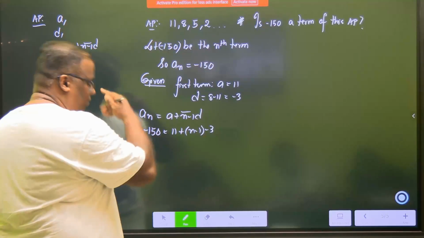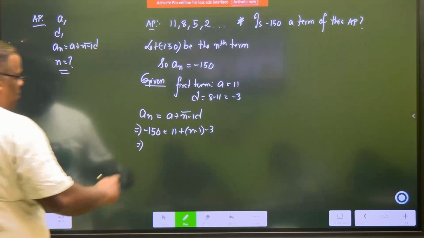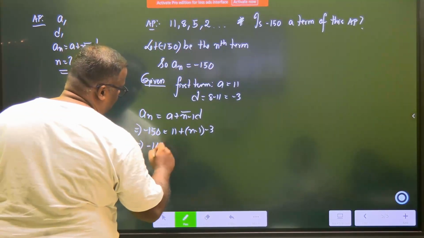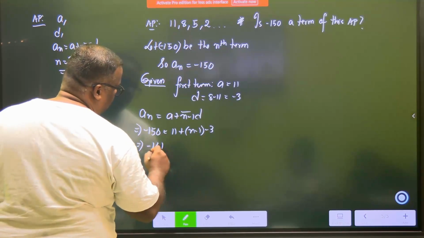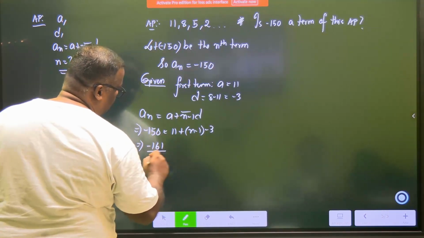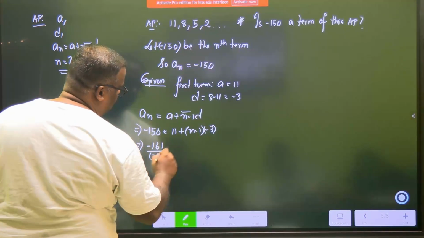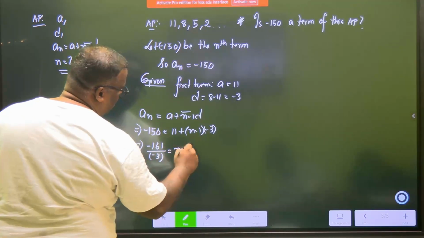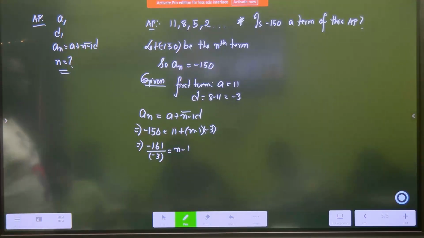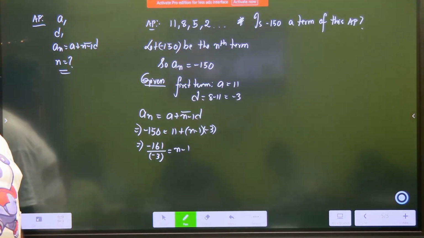So negative 150 and negative 11. Bring it this side, it becomes negative 161. 150, 160, 161 divided by negative 3 should be equal to n minus 1. Do you agree or not?